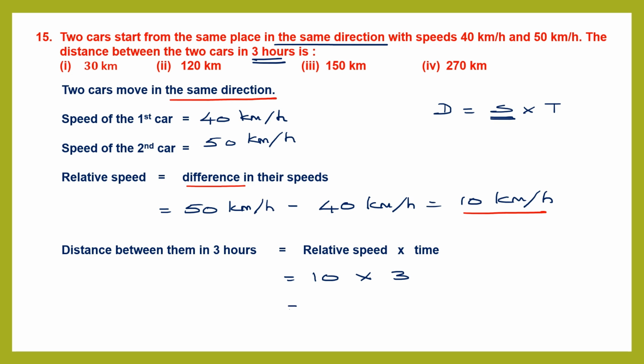So 10 into 3 is 30. So what are we asked to find? The distance. So the distance is 30 kilometers, and this is our answer. And this is option 1. 30 kilometers is the distance between them in 3 hours, because they are going in the same direction.